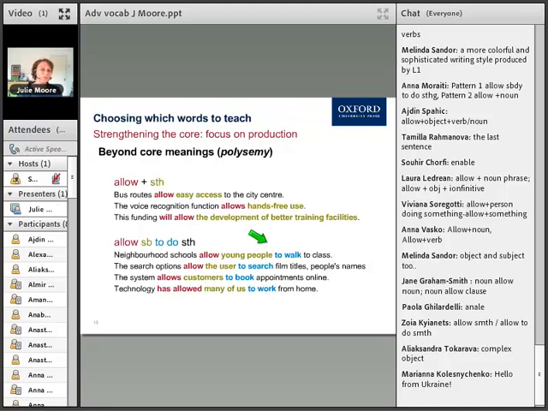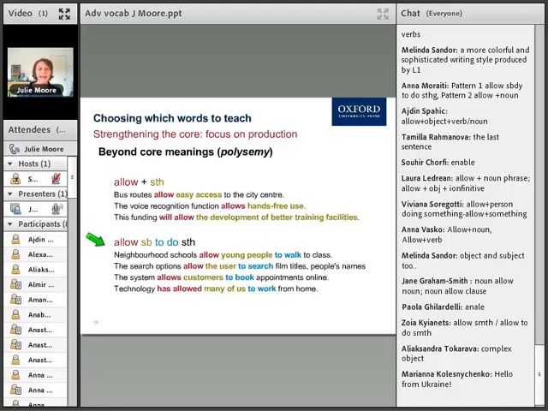But I haven't just stopped there. I didn't just stop at meaning. I've made them do a little bit more analysis. They've had to process the language a little bit more deeply in order to think about the grammatical patterns, the colligations. So these are the grammatical patterns that go with a word.